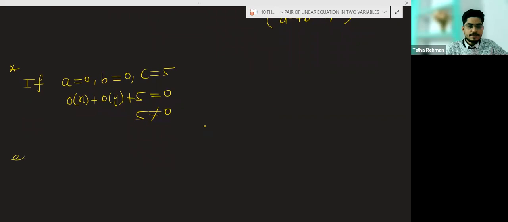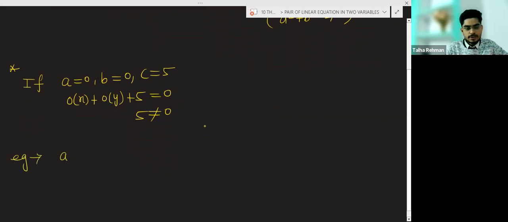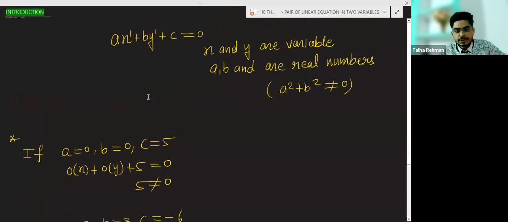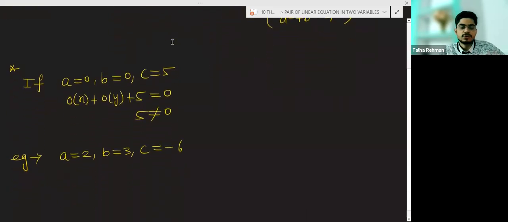One more example I am taking. Take a is equal to 2, b is equal to 3 and c is equal to minus 6. Now form the linear equation in two variables ax plus by plus c, that is equal to 0. ax means 2x plus 3y minus 6, that is equal to 0.